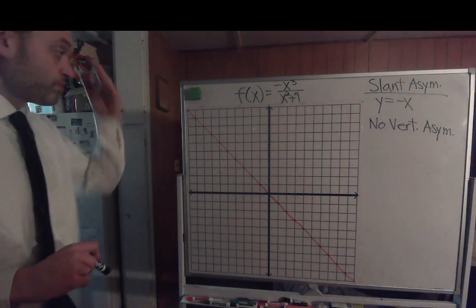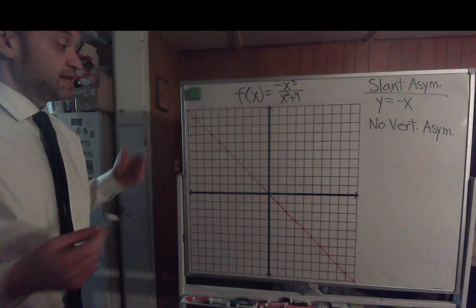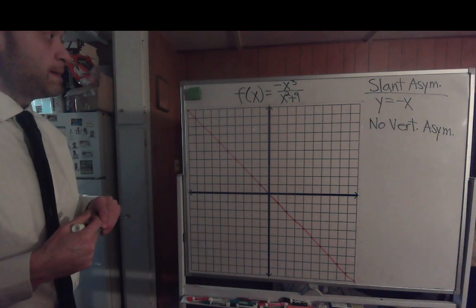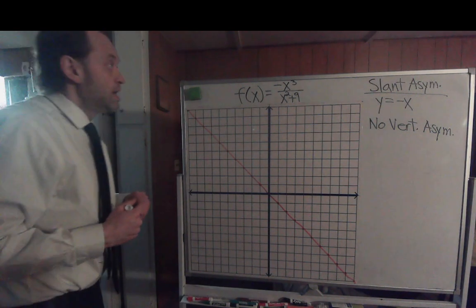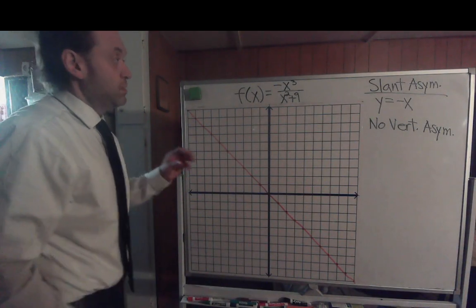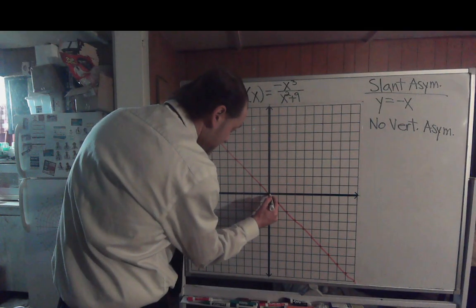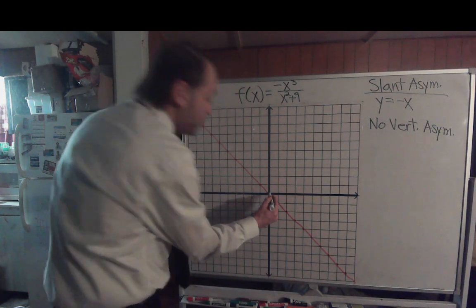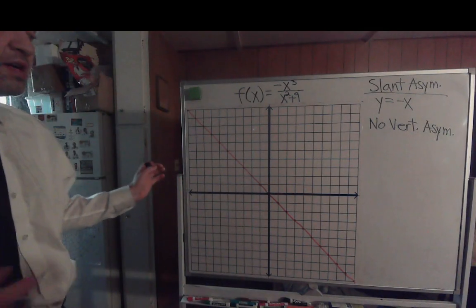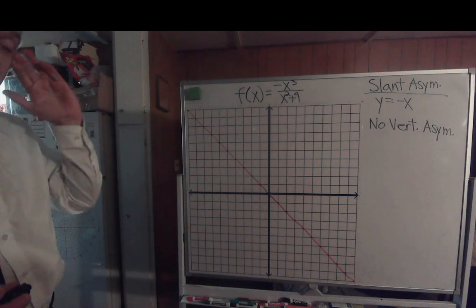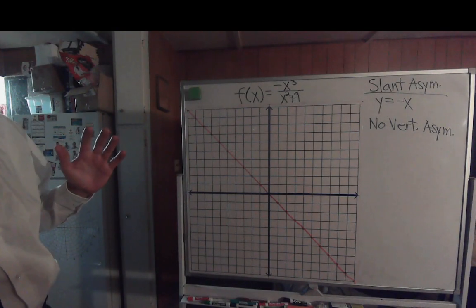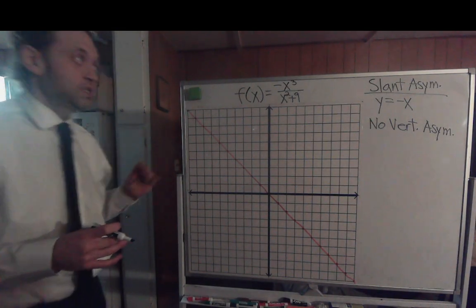So let's start plotting some values here. When x is 0, well, you would literally get 0. It actually does touch the slant asymptote at that point, which is permissible. The only time it's not permissible to touch or cross an asymptote is if it's a vertical asymptote.